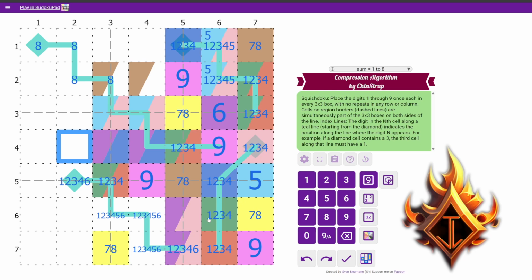Okay, that got us a little boost to going. These will be a 9. There'll be a bright pink down there somewhere.